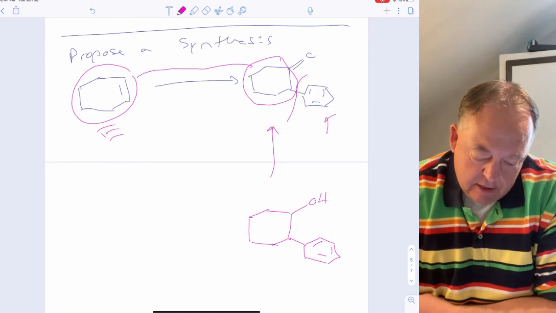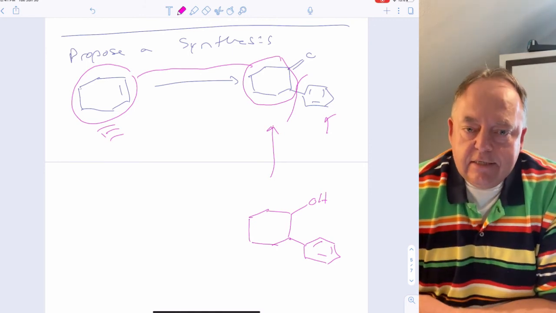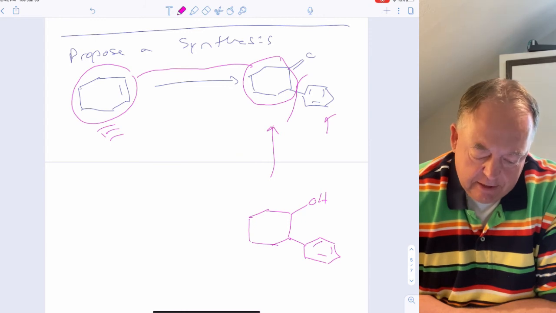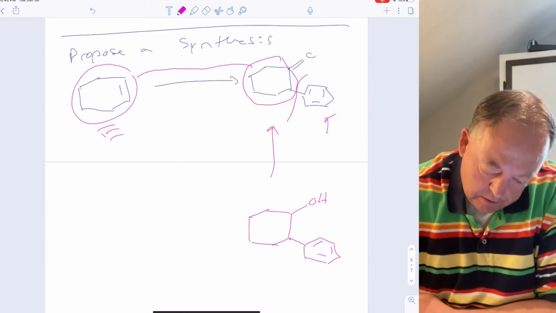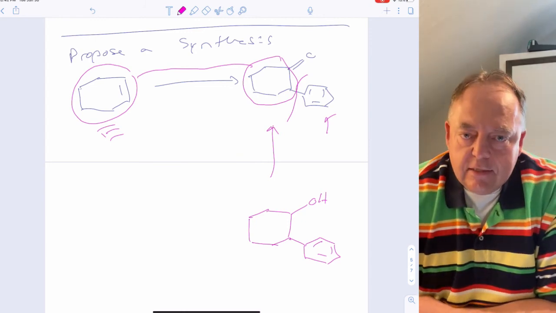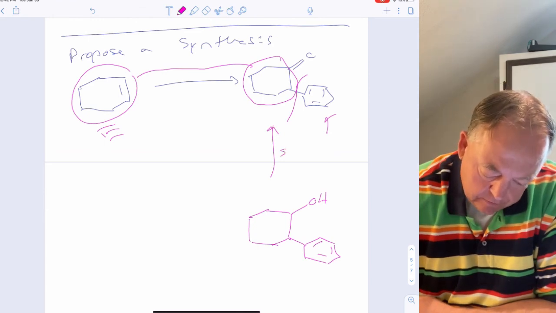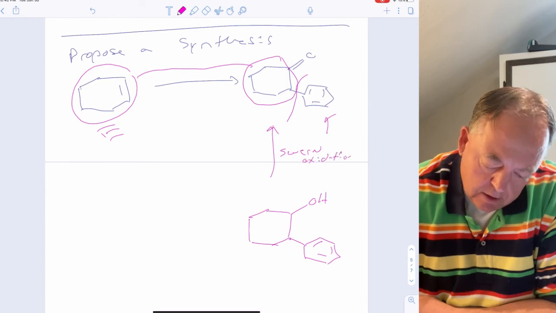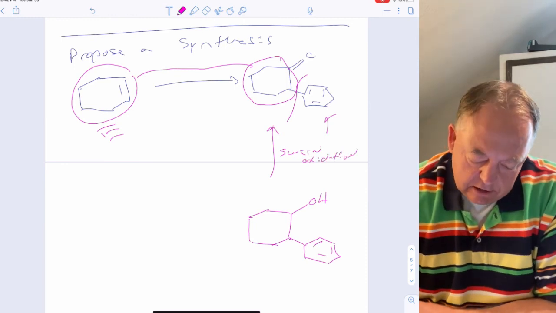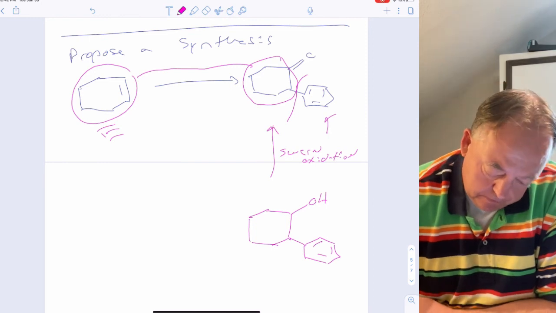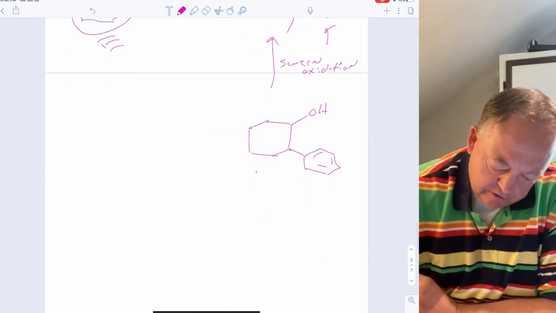Right, if we had that and we did one of these oxidations that you know of, PCC, PDC, KMnO4, chromic acid, dichromate, Swern oxidation, one of those oxidizing agents would convert the alcohol to the ketone. And then how could you have made this alcohol?